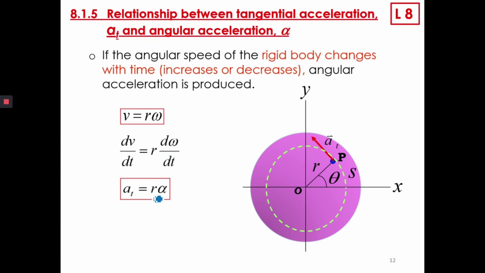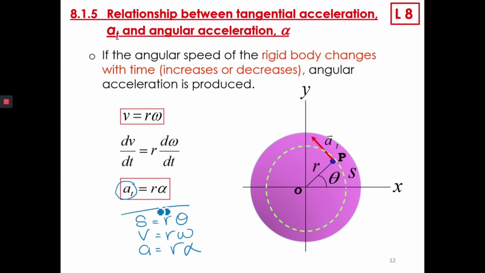Angular acceleration can be related to your linear tangential acceleration by a equals r alpha. So you have s equals r theta, v equals r omega, and a equals r alpha.